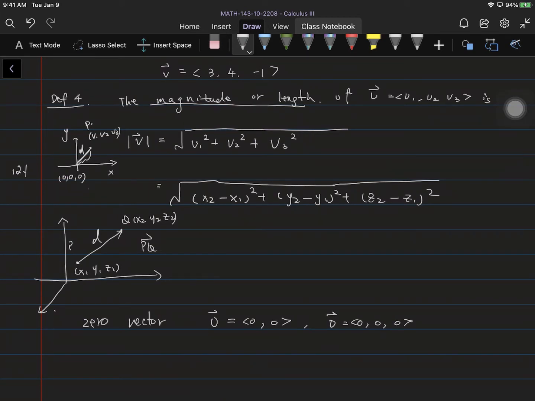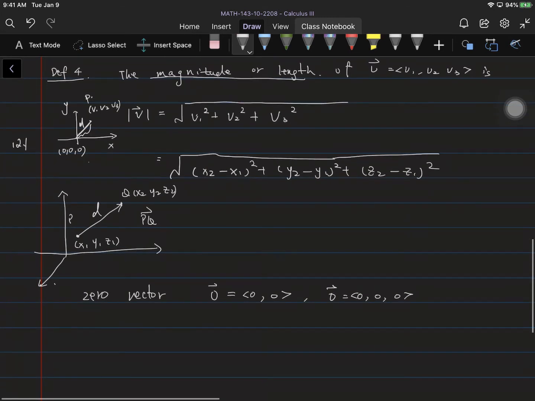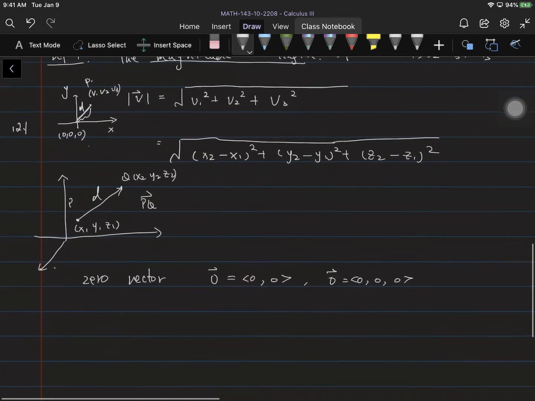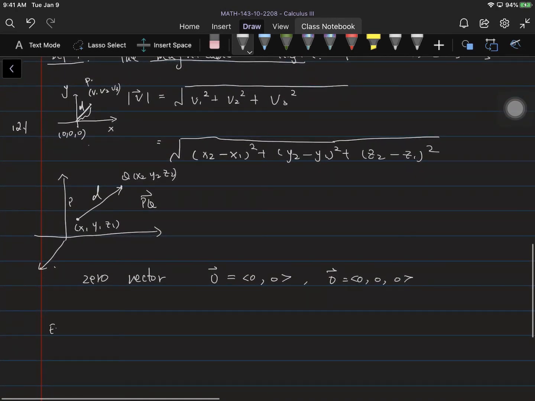Find the component form of the vector, given the initial point and the terminal point. Here is example 1.